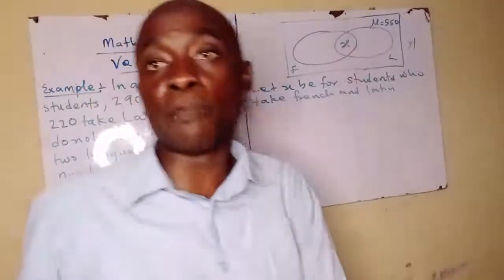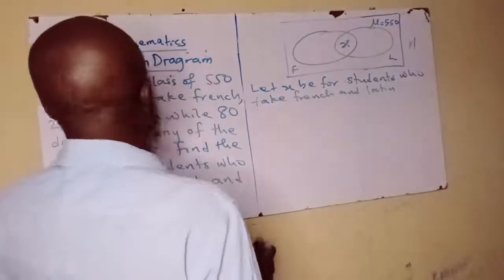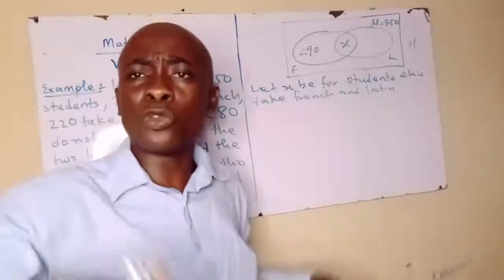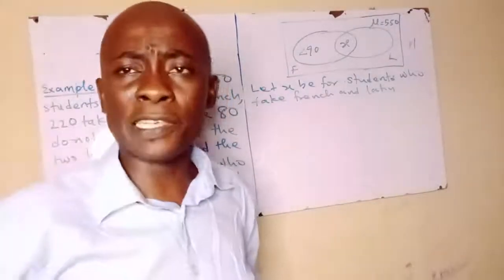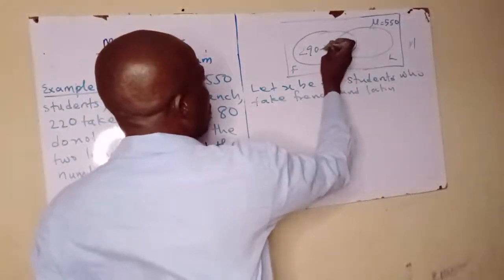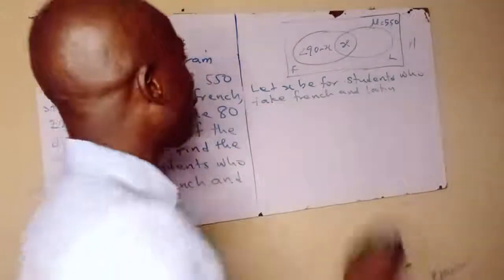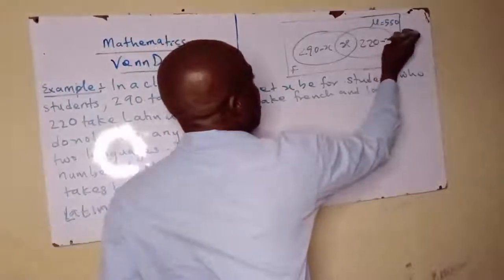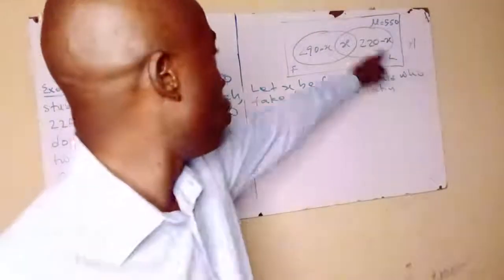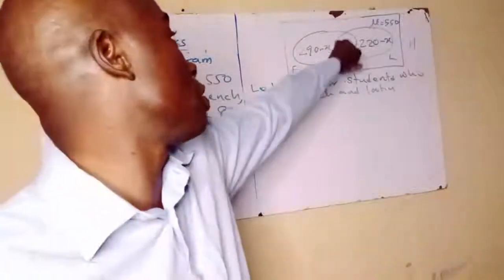Now, to represent those taking French, I will write 290, but I need to account for those among them who are also taking Latin. They belong to this X category, so I will write 290 minus X. Now, another one is 220 take Latin. I will write 220 again and remove those who are also taking French, so it is 220 minus X, since they belong to the group taking both, which is also the same thing as this X.